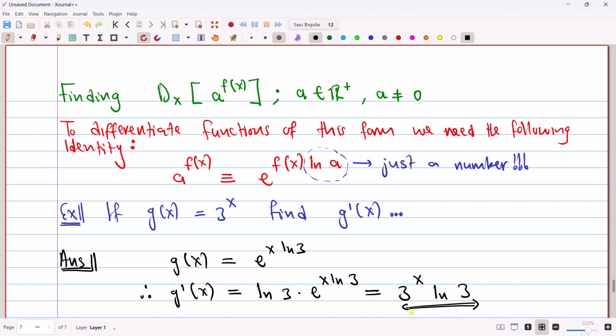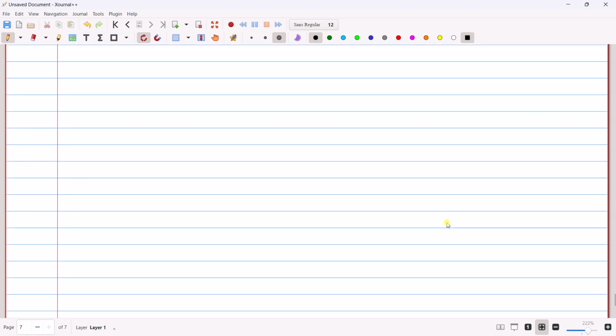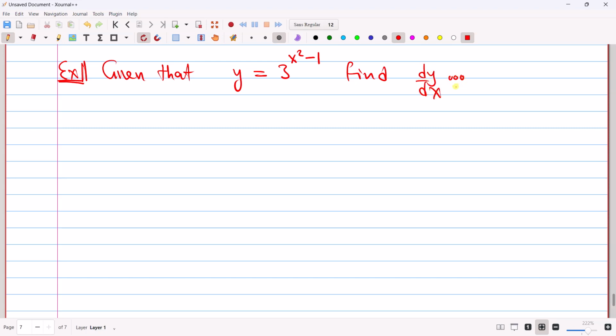Okay, so another example different from this one. Given that y is equal to 3 to the power x squared minus 1, find dy dx.